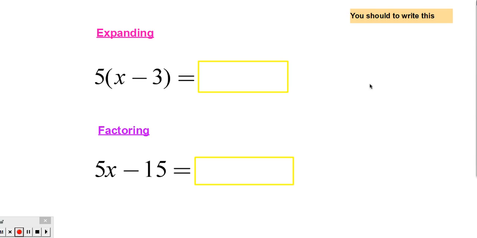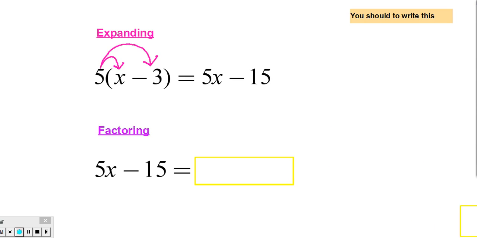So take a look at this here. Everyone should definitely write this. If you're expanding, you multiply each term inside the parentheses by 5. So 5 times x, you get 5x. 5 times negative 3, you get negative 15. That's expanding.